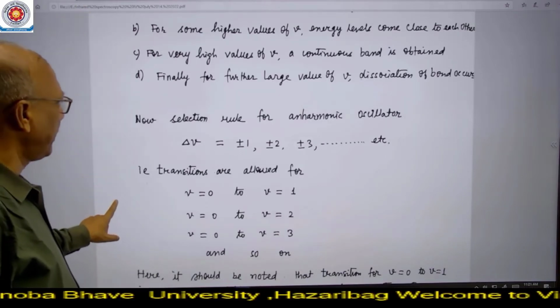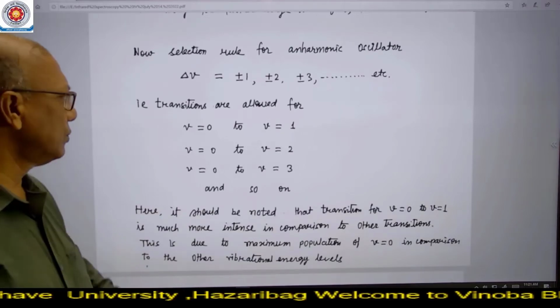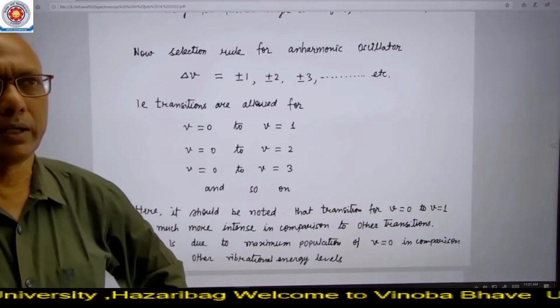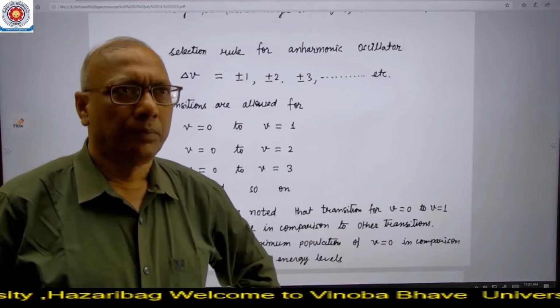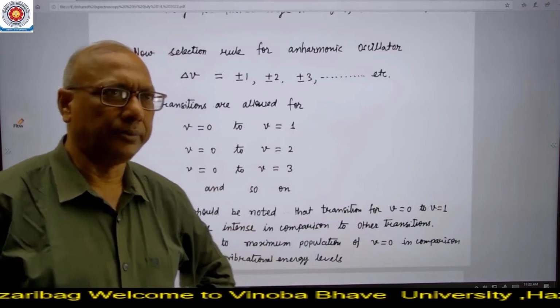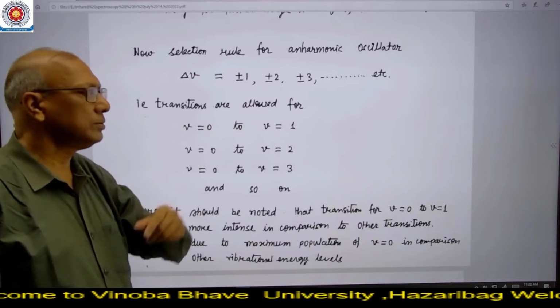Now what will be the selection rule for this anharmonic oscillator? For this anharmonic oscillator, the selection rule will be delta V equal to plus minus 1, plus minus 2, plus minus 3, etc. Now, according to this selection rule, what will be the allowed transitions?